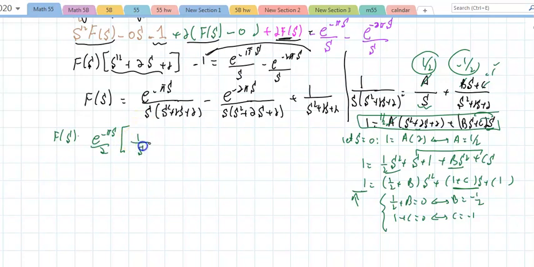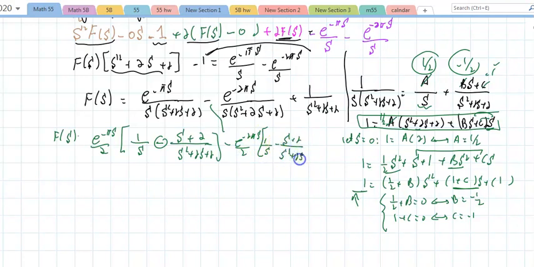This will be 1 over s minus s plus 2 all over, by factoring the minus up front, s plus 2 over s squared plus 2s plus 2, minus e to the negative 2 pi s times the same deal over 2, 1 over s minus s plus 2 over s squared plus 2s plus 2, and just copy that down, plus 1 over, squishing it in there. Plus 2s plus 2.